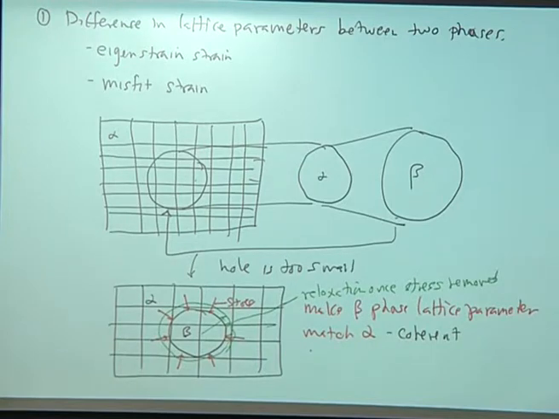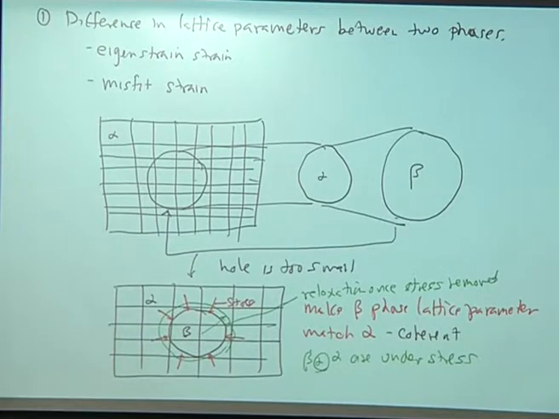And so you end up with a situation where both beta and alpha are under stress. The beta phase pushes back out on the alpha, and the alpha phase is under stress.